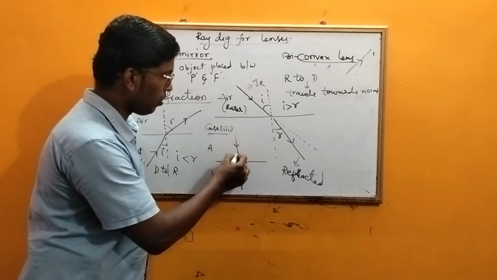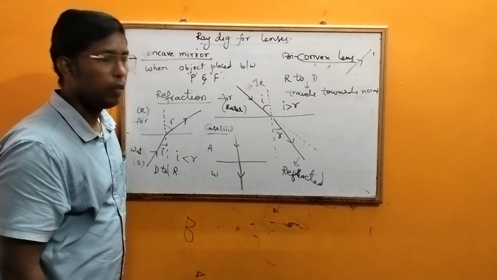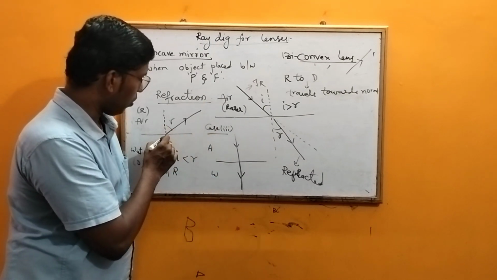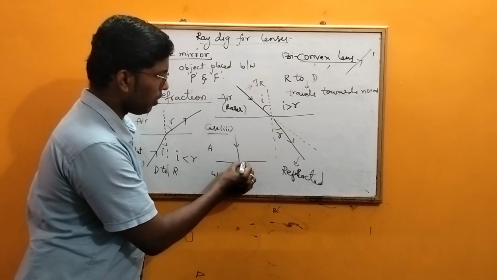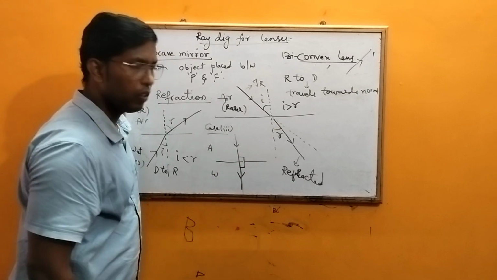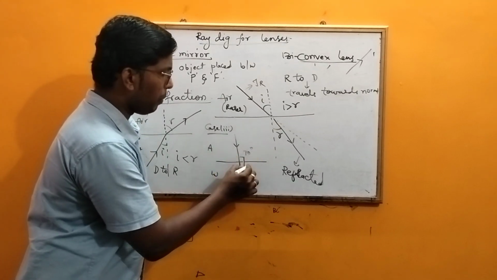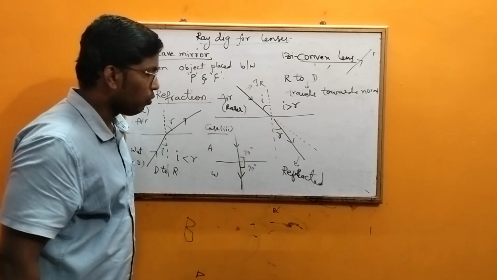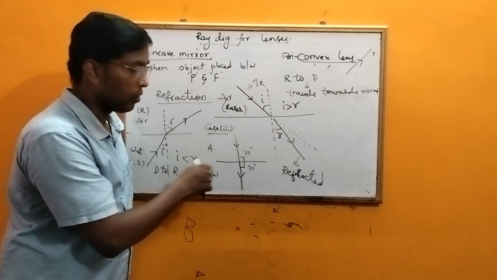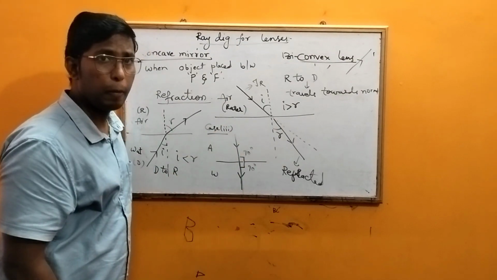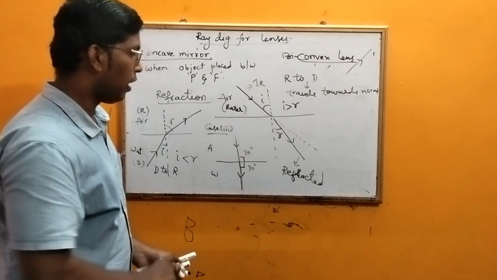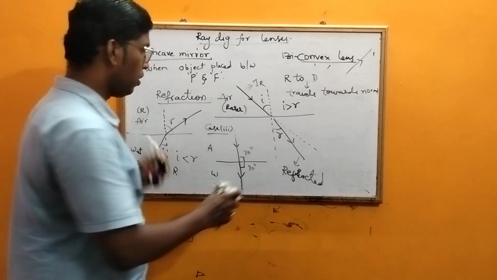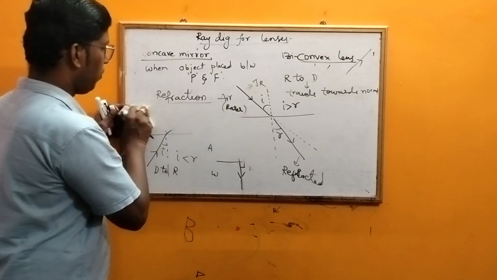This itself is considered as the normal line. Here it is not making 90 degrees with the surface, but here it is making 90 degrees with the surface. So when a light ray passes perpendicularly to the surface, even though the medium changes, it travels straight only. It travels perpendicularly even after refraction. These are the 3 cases which are very important that you should remember for refraction of light.